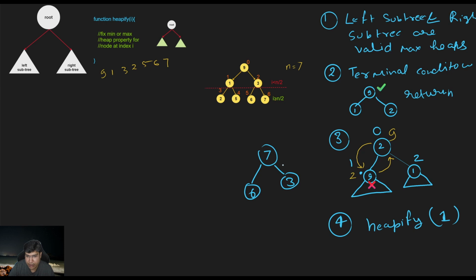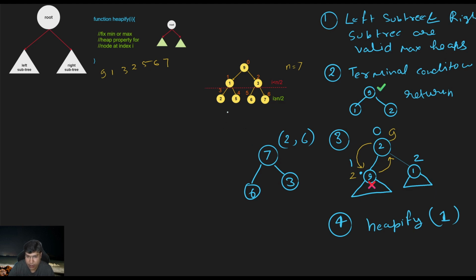Now when we try to call heapify again on the index 6, because index 2 and index 6 were swapped, we see that this is a leaf node and we just return back from there. Okay.